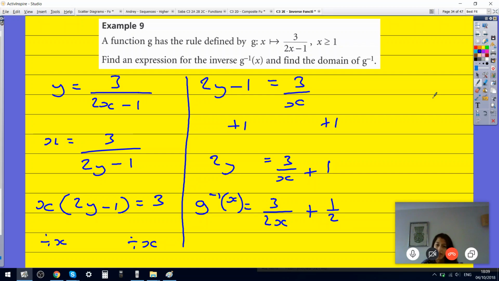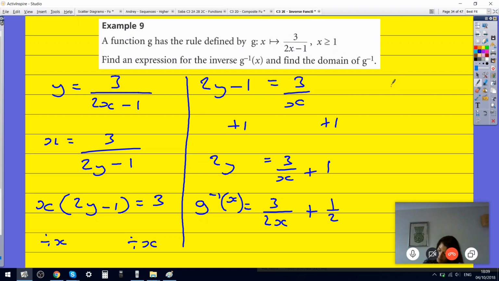Can you work out the domain without having to sketch a graph? Possibly. How? Well, is there any obvious number that x can't be? 0. Yeah. So this is a reciprocal graph.